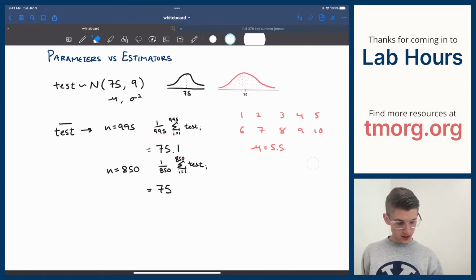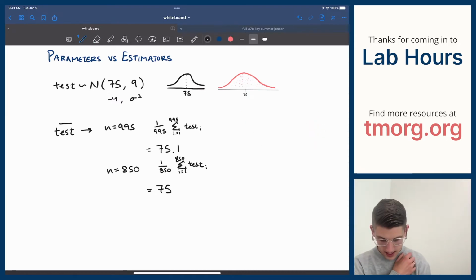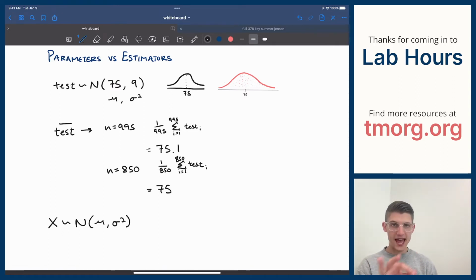This is the intuition behind what I'm about to write for you, okay? If you have a variable, test, and it doesn't even need to be test, you'll frequently see it as x here, right? If you have a variable x that's distributed normally with a mean of mu and a variance of sigma squared, then the estimator for its mean is distributed as follows.